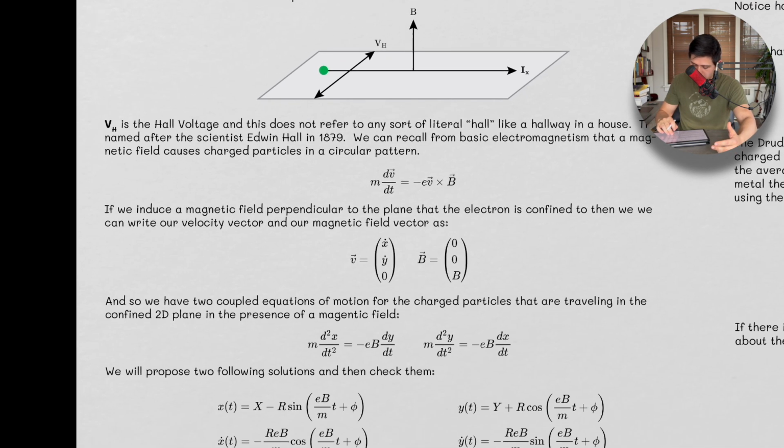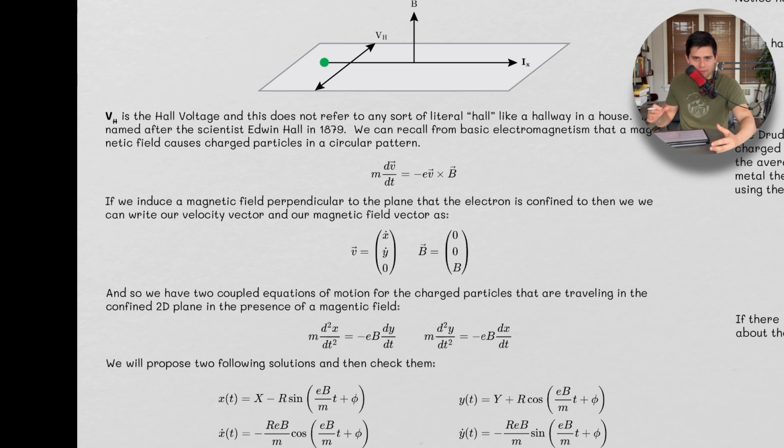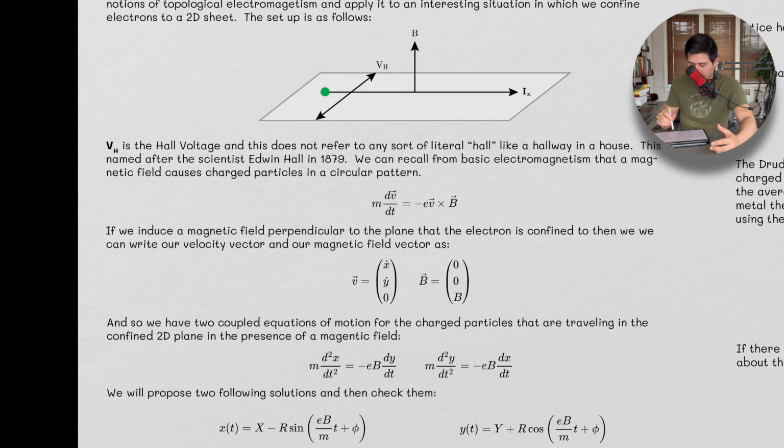So recall from basic electromagnetism, right? I'm gonna assume that you kind of know a little bit about electromagnetism. This is, I believe, one of Lorentz's laws. The change in the velocity of our particle, okay, is proportional to the cross product between its velocity and the applied magnetic field.